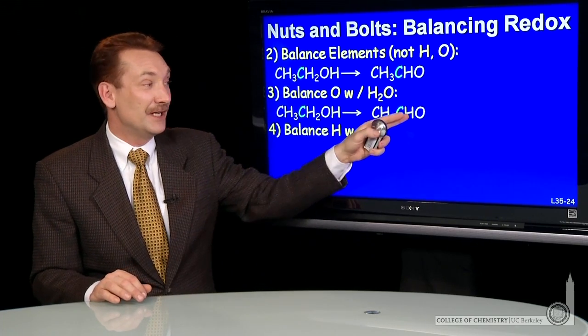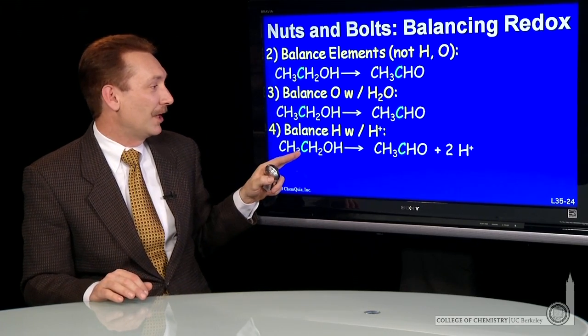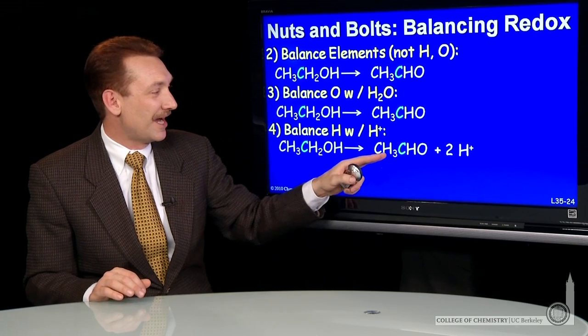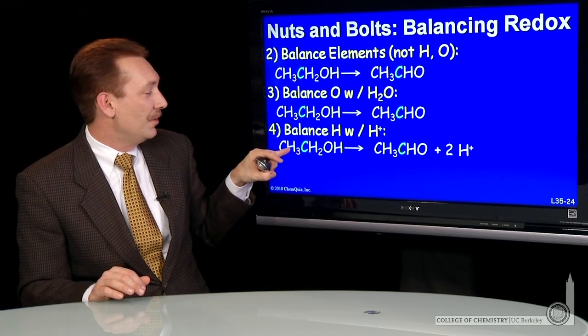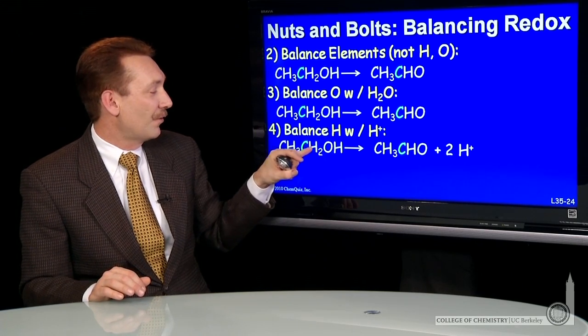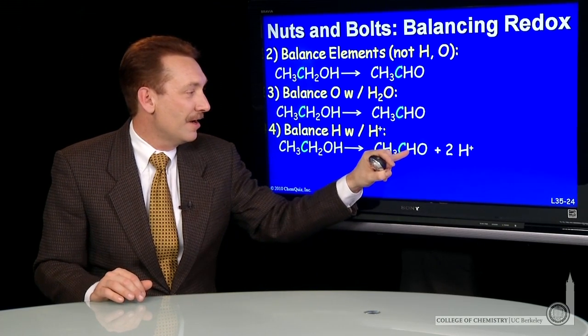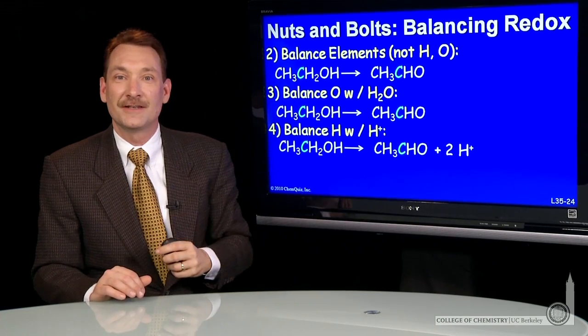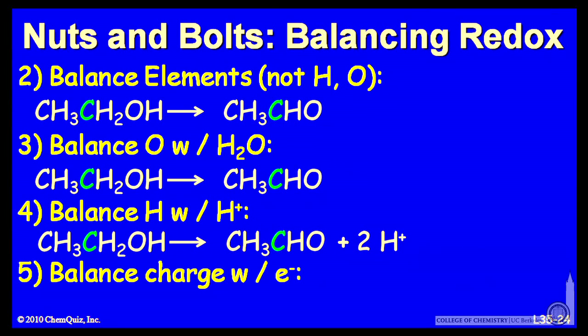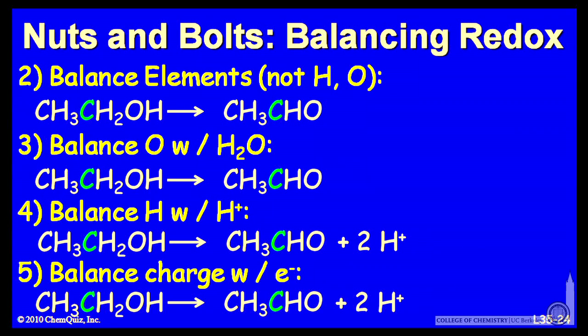In this case, I do need a hydrogen, so we'll add 2 hydrogens to this side so that we have 1, 2, 3, 4, 5, 6 hydrogens on this side, and 1, 2, 3, 4, 5, 6 hydrogens on this side. Now balance out that charge. I just added 2 pluses here. This side is neutral, so 2 pluses plus 2 negative electrons, that'll make both sides 0 charge.